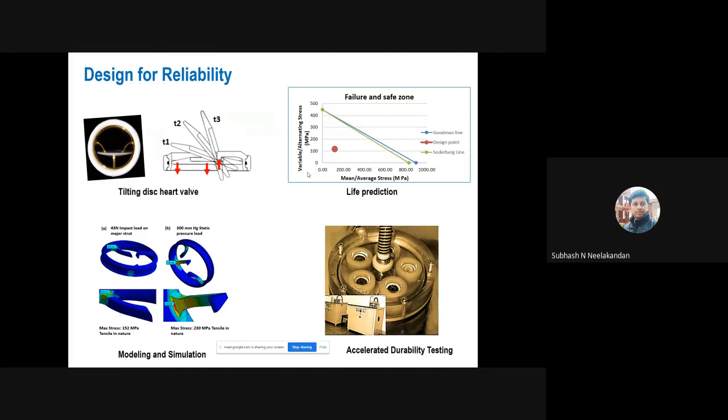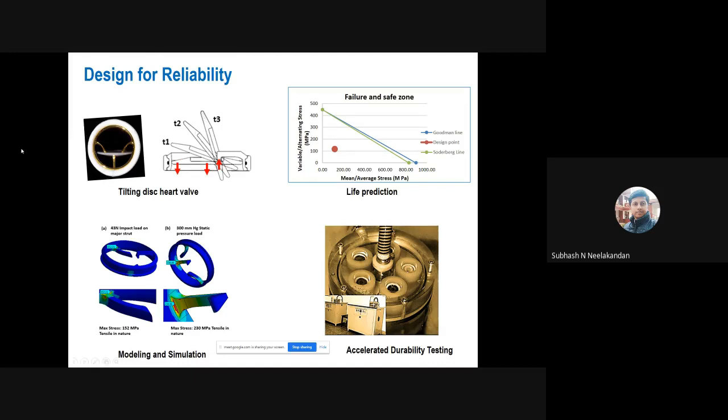One approach which almost everyone follows for safety-critical devices is DFR, or design for reliability. Taking one component like a heart valve, it will be implanted in a person around 40 years of age, as per the anthropometry data and the clinical data from India.